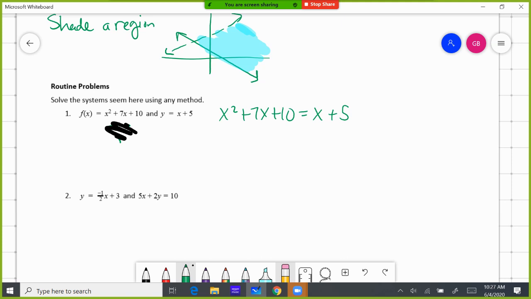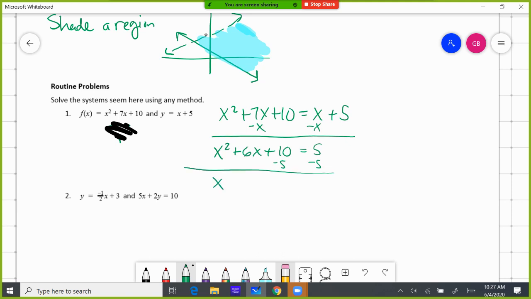Okay, so I'm going to subtract x on both sides and subtract 5 on both sides. So now we have x squared plus 6x plus 5 is equal to 0.